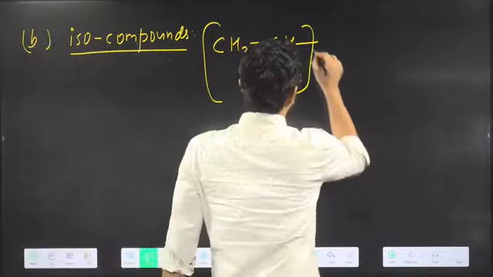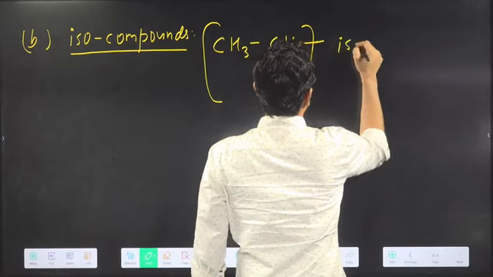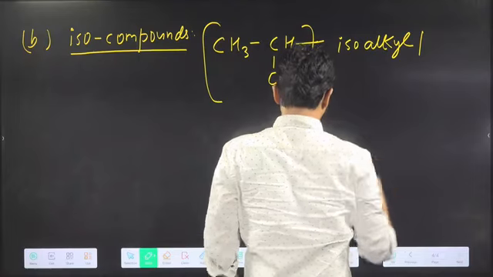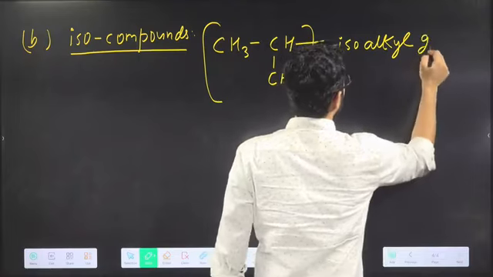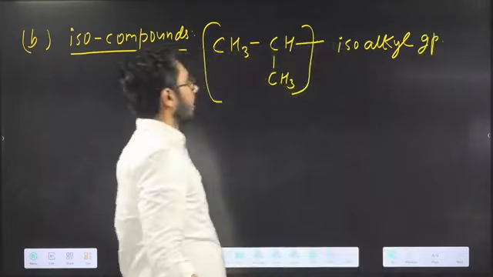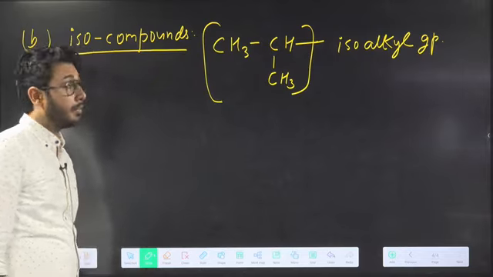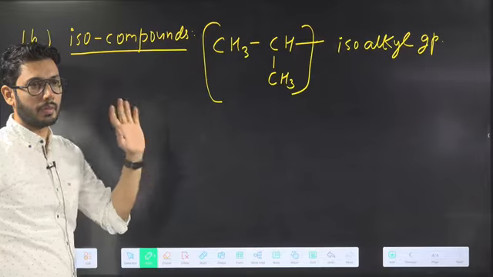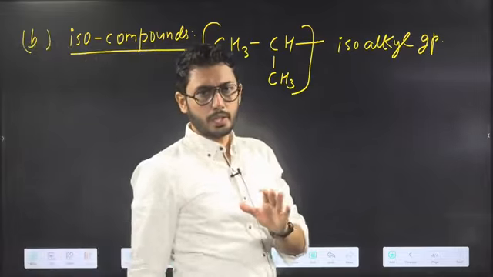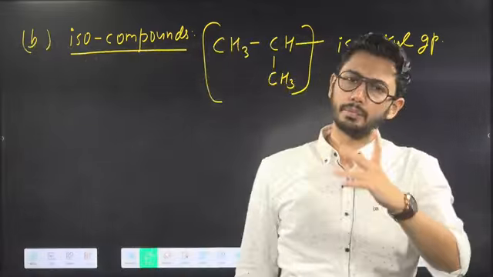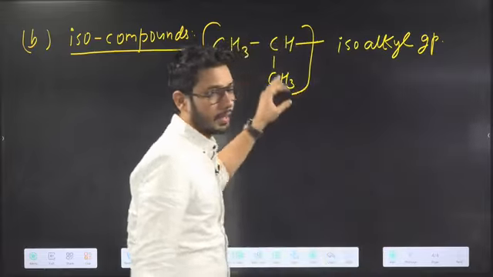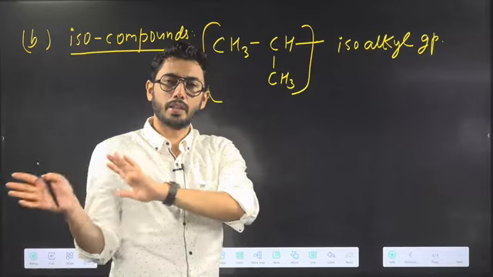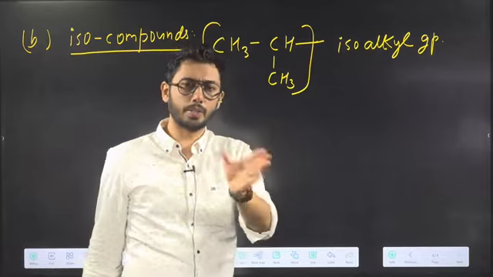This type of arrangement is an isoalkyl group. Isoalkyl means in the straight chain, on the second carbon, on any side, one methyl is connected. That is iso. Their significance is 3 to 5 carbons, maximum 3 to 4, 5 only.